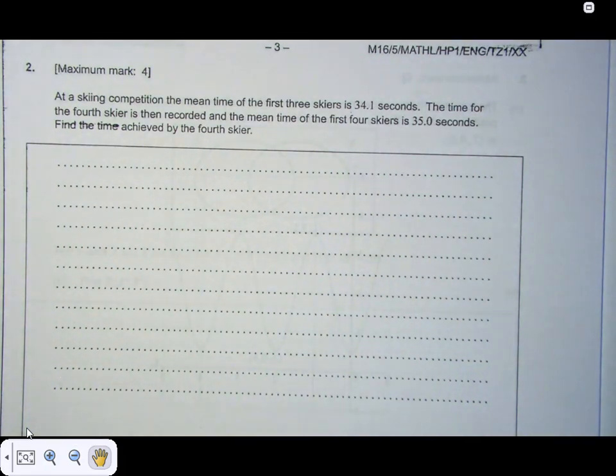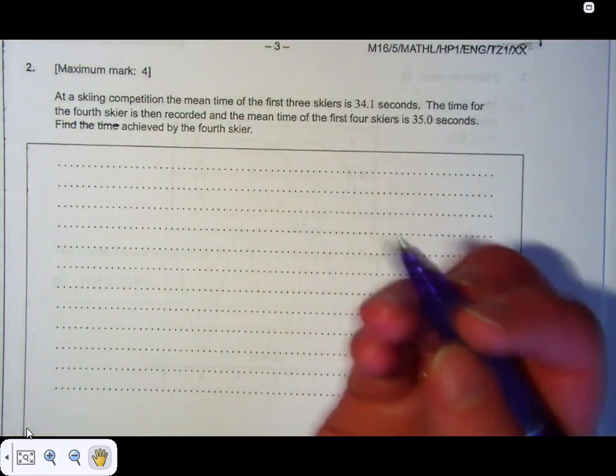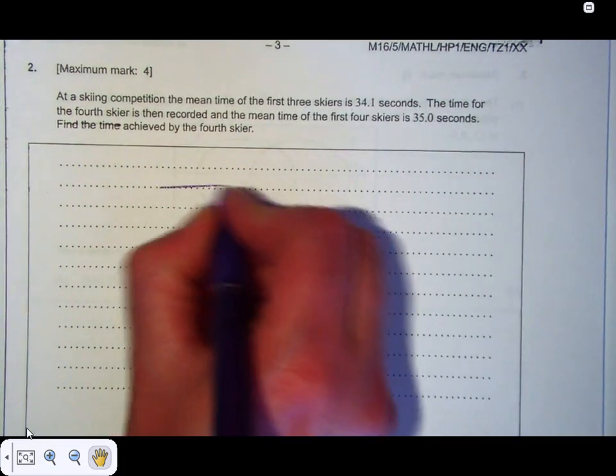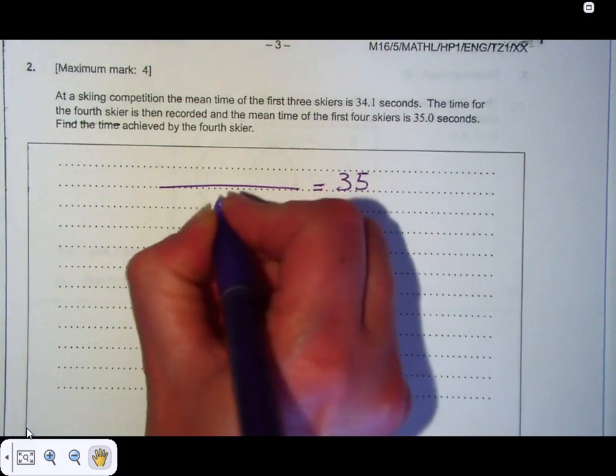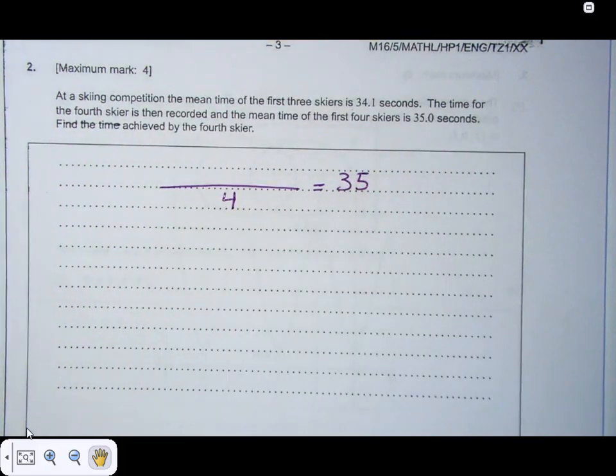So sometimes they'll do a weighted average problem. But this one, basically they give you the average of the first 3 skiers is 34.1. And then they want you to figure out the 5th skier if it turns out that the new average is 35. So what I did is I said, well, if you average all 4, you're going to get 35. So in other words, add up all 4 scores and divide by 4.